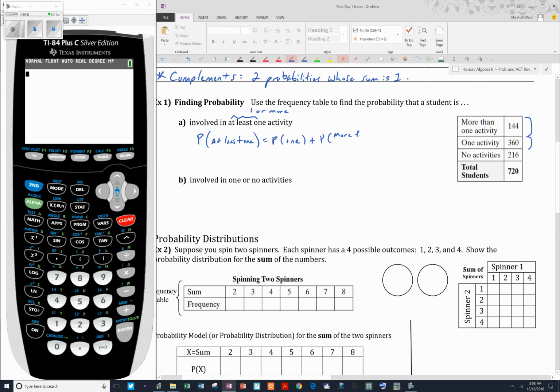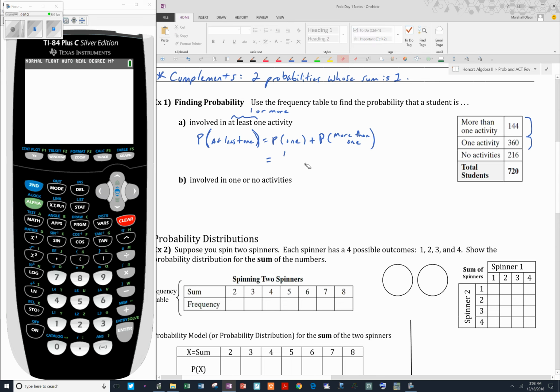So we're going to add those two probabilities together. Okay, so a little notation here, capital P and then a parenthesis means you're finding the probability of whatever's in the parenthesis. So the probability of at least one is equal to the probability of 1 plus the probability of more than 1. So we have those probabilities there.